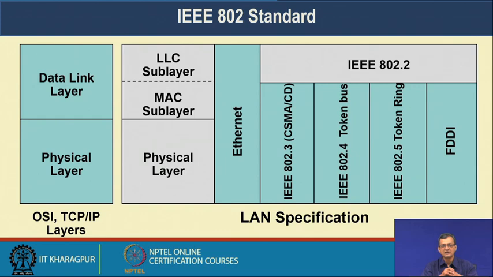This is an important thing to know, though these days token ring and token bus are not so popular. Most predominant is the Ethernet protocol, from 10 Mbps and 100 Mbps to gigabit Ethernet at the Gbps level.